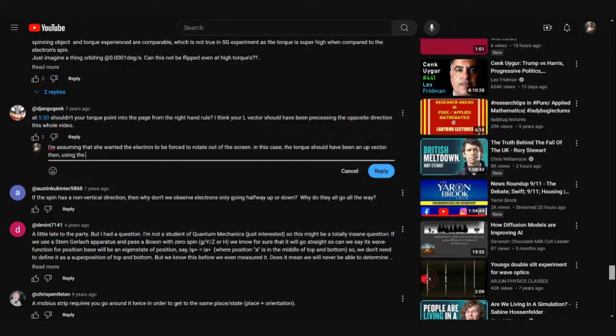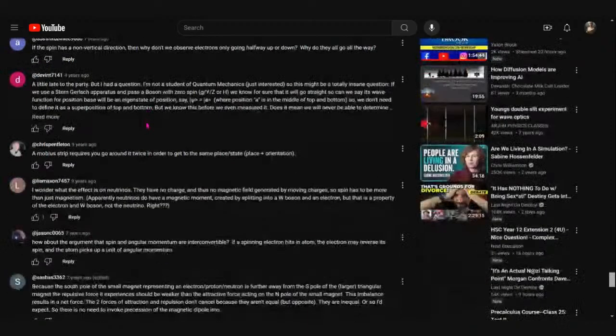Then, using the first right hand rule, it should cause the electron to come out of the screen, I think. That's my opinion. Anyone else?